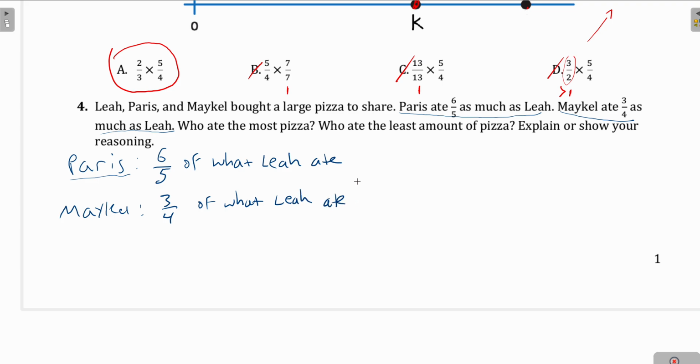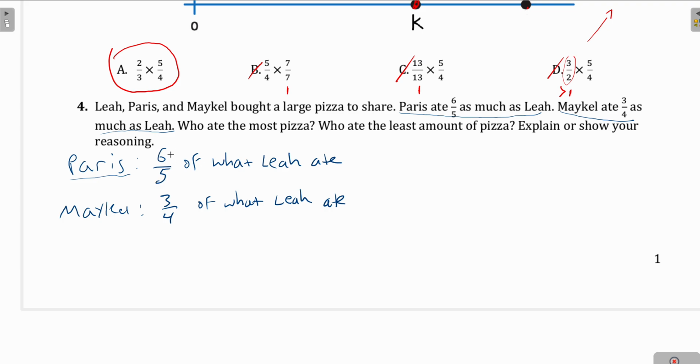Notice that we don't know exactly what Leah ate, but we don't need to know who ate the most pizza and who ate the least pizza. We just need to compare these fractions and understand which ones are greater than 1 and which ones are less than 1. I know that 6/5 is greater than 1 because 5/5 is one whole and I have 6/5.